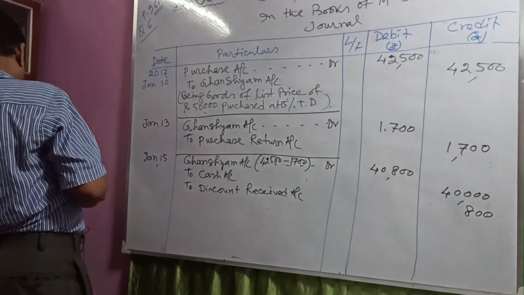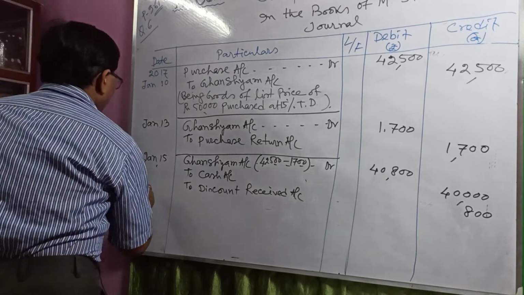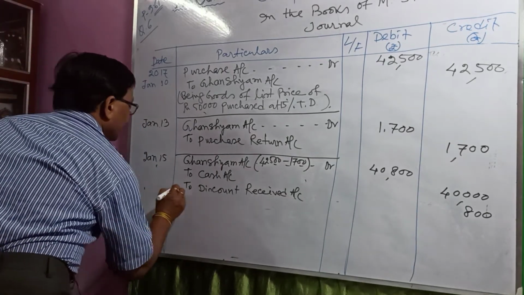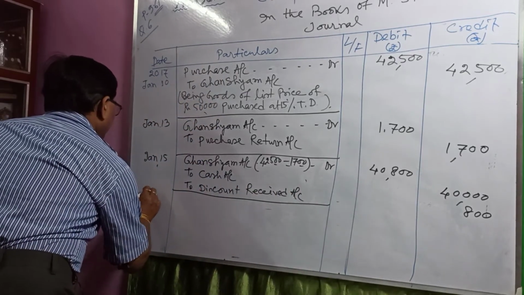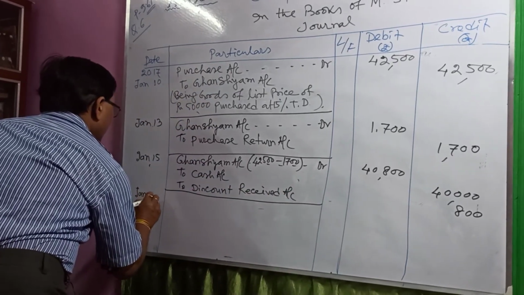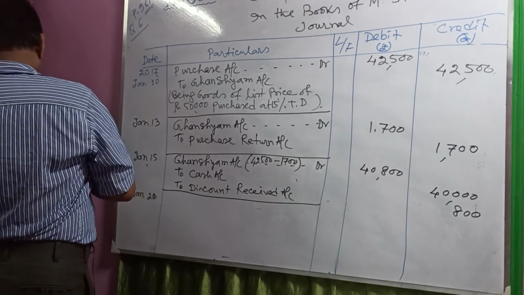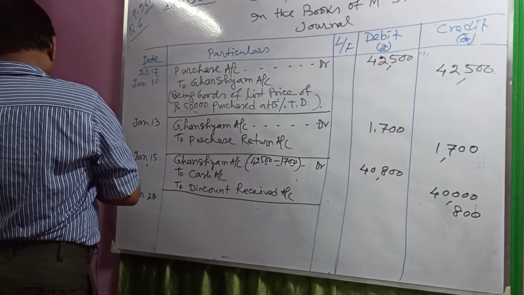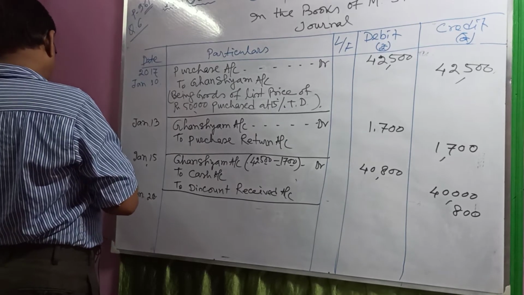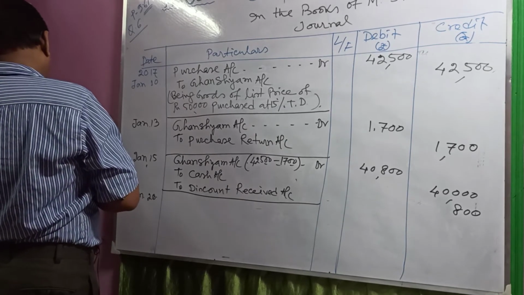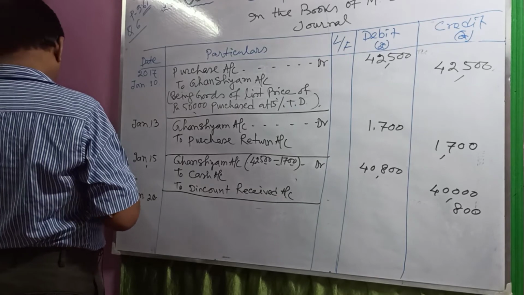Now next, January 20. See the question: purchase goods from Raghu of the list price of rupees 60,000 at 10% trade discount.